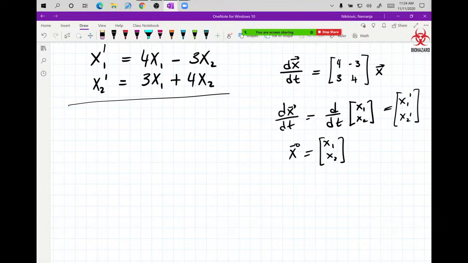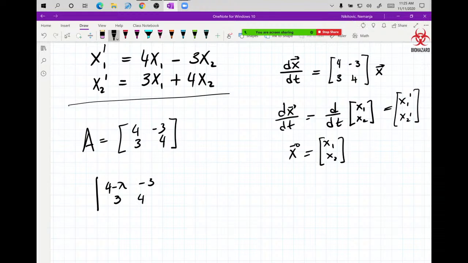Now, last time we said that you just have your matrix A, which is 4, negative 3, 3, and 4. And then we do the determinant of 4 minus lambda, negative 3, 3, 4 minus lambda, and we set that equal to 0, which will give us the characteristic equation for lambda. We are going to get those eigenvalues when we solve that equation. In this case, those eigenvalues will be complex.